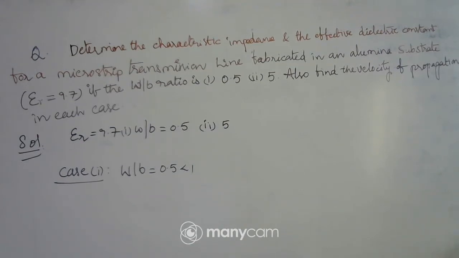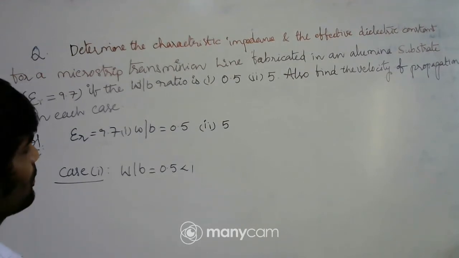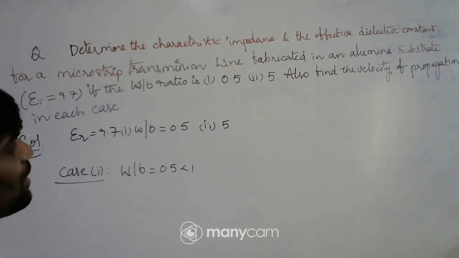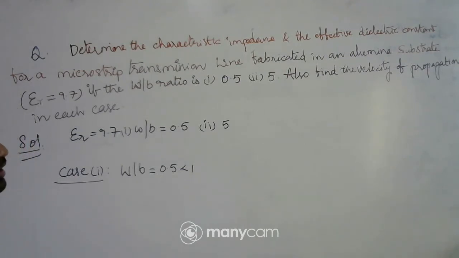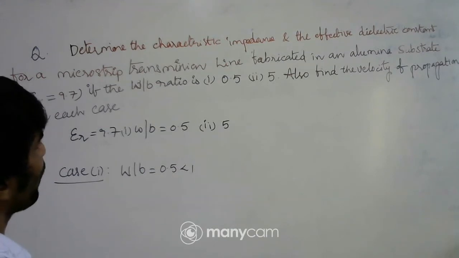So if the W by B ratio is less than 1, then the analysis is for finding high impedance. First you need to find the effective dielectric constant.